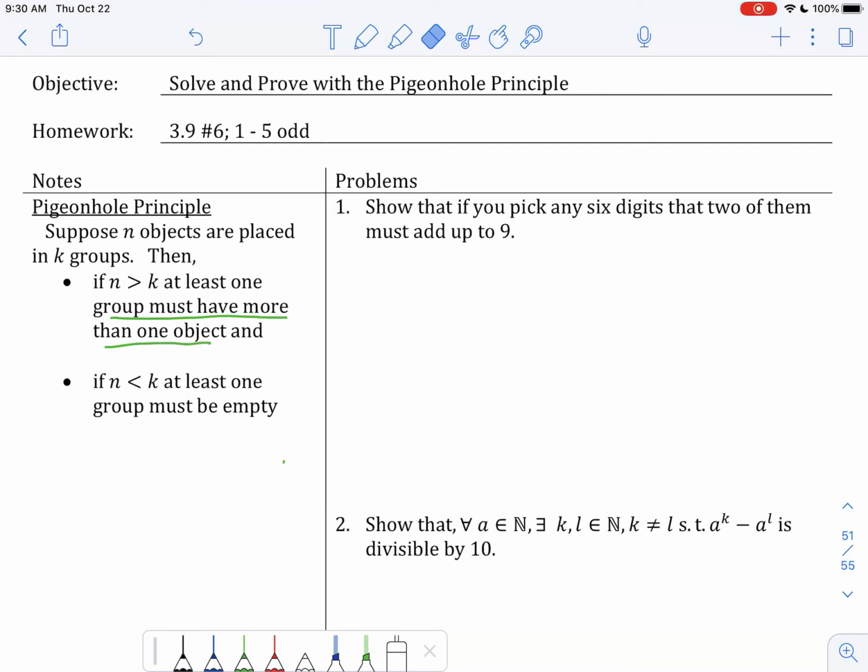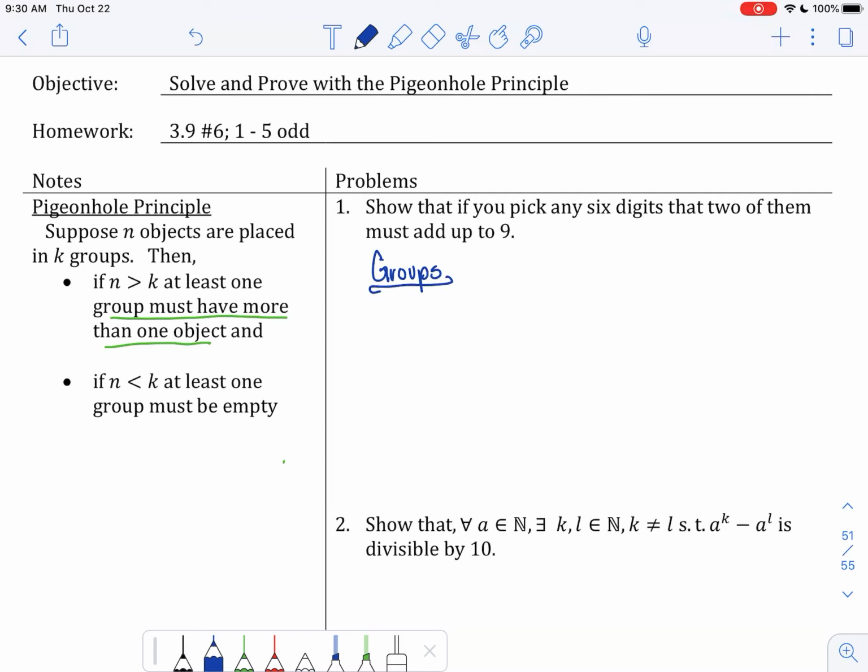And I'll show you a couple of examples for that, and then you'll, of course, work on some of your own in the homework. So number 1 says, show that if you pick any 6 digits, 2 of them must add up to 9. Whenever we're looking at a pigeonhole principle, you always want to think about what your groups are.